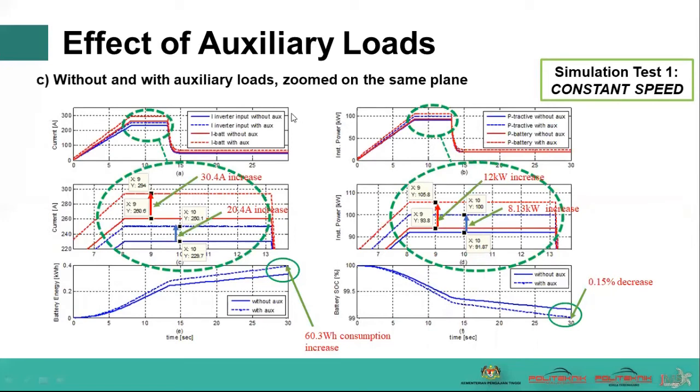When we zoom in on the same plane, we can notice an increase in battery current of 30.4 ampere, and 20.4 ampere increase in inverter current, 12 kilowatt increase in battery power, and 8.16 kilowatt increase in tractive power. It's 8.1 and 60.3 watt power consumption increase in battery energy, and 0.15% decrease in battery efficiency.